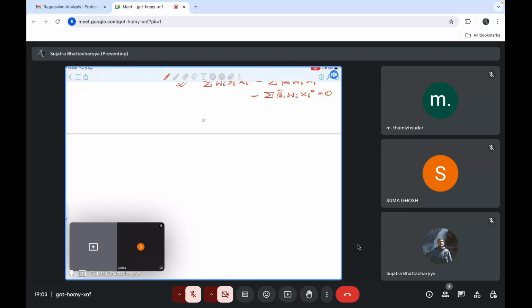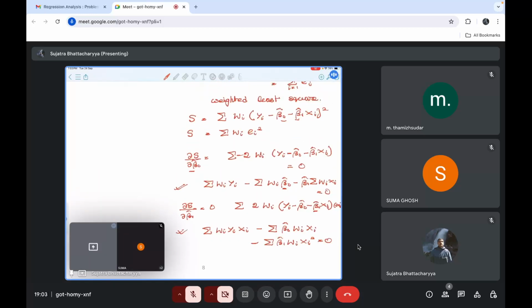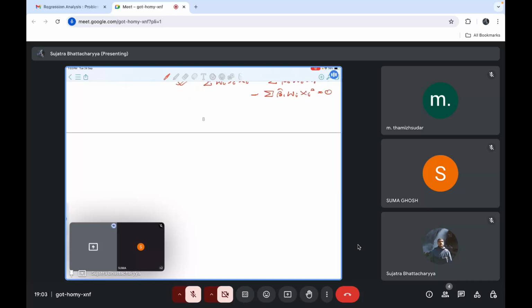Fine. So after we have done this weighted least square technique and found these two equations, there is a theorem which is very important, which we call the Gauss-Markov theorem.